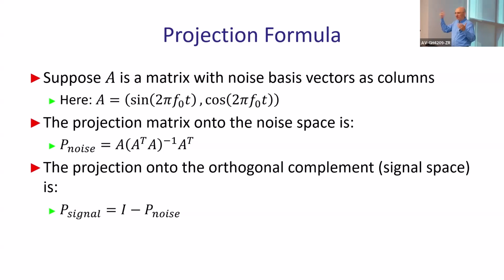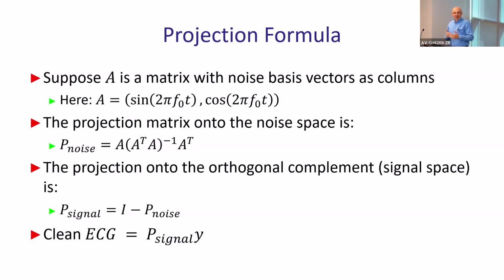Subtracting the noise from the original signal, you get your signal. That's it. So the clean signal will be just the projection into that subspace of signal. Any questions on that? This is the overall idea. Now we will move to MATLAB code, which is actually doing that.